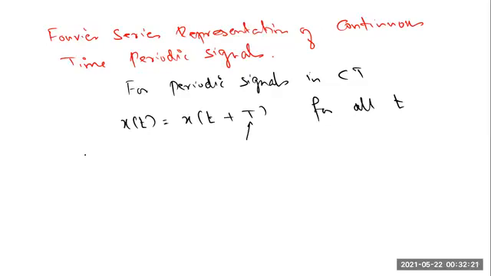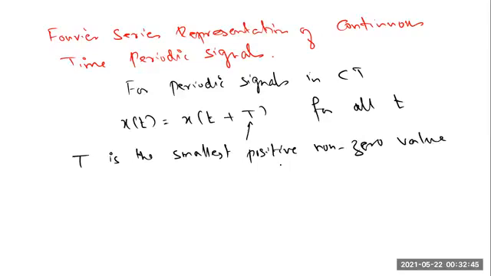So T is the smallest positive non-zero value and is called the fundamental period.